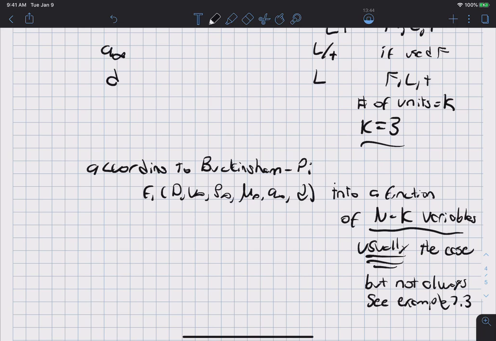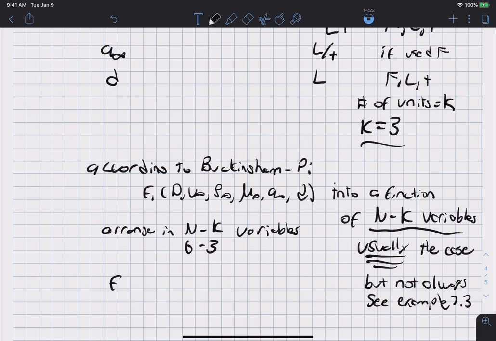But for the example here, we do not need to worry about this special case. In practice you'll probably only run into it a few times in your career. So according to Buckingham Pi, we can arrange this into n minus k, which is 6 minus 3, variables.